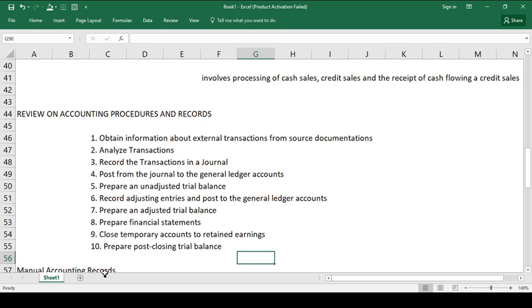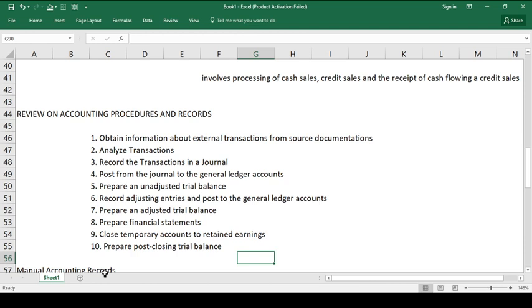And after that, the second to the last step is the closing of the temporary accounts, and these temporary accounts are subject to closing to the retained earnings or any appropriate account na kung saan na po natin i-close itong mga temporary accounts.